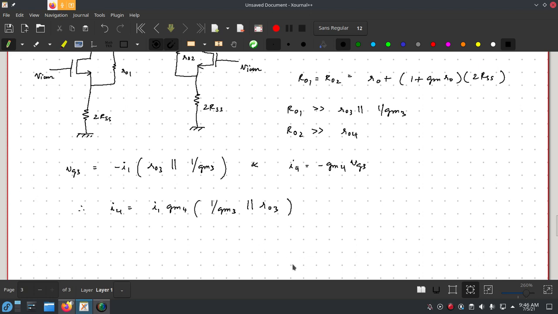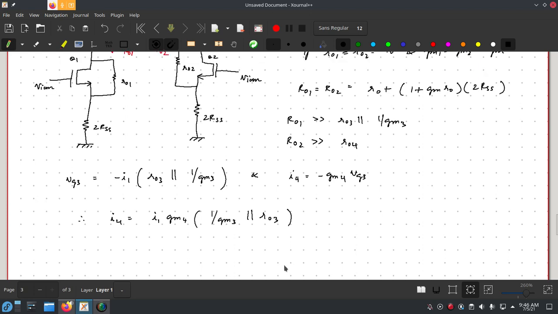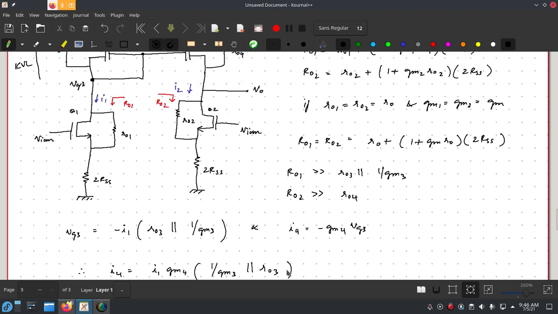Now here at the output node V0, current I4 is actually like this. Not like this, opposite direction. I4 is like this. This current, I should clearly write it, is I2.